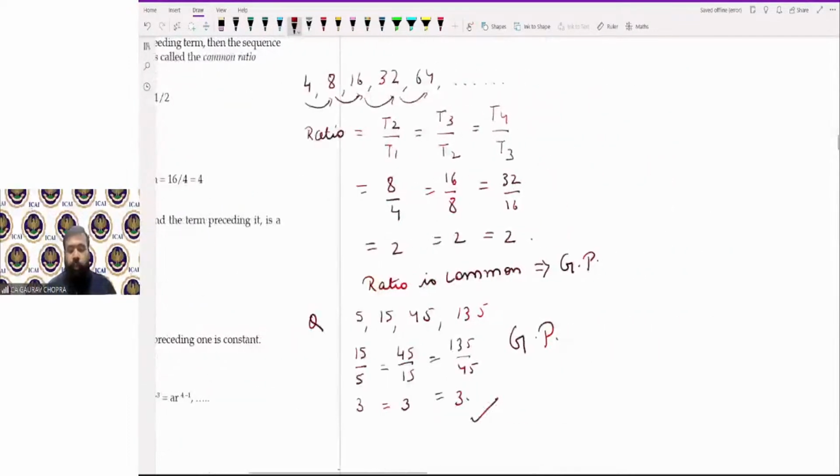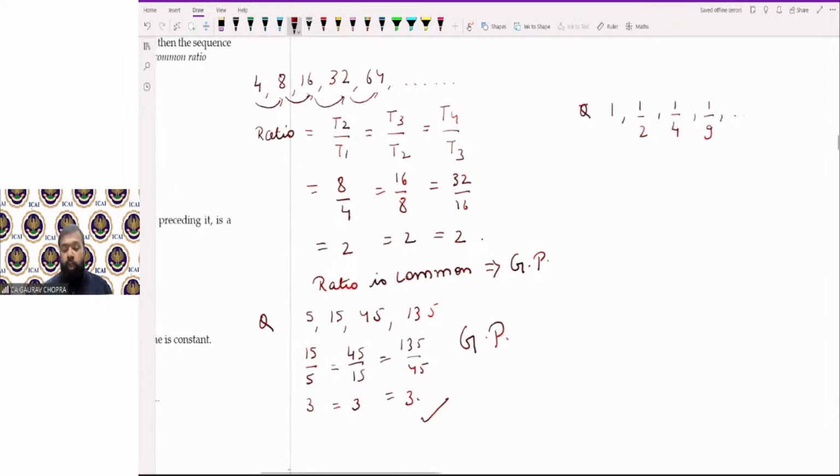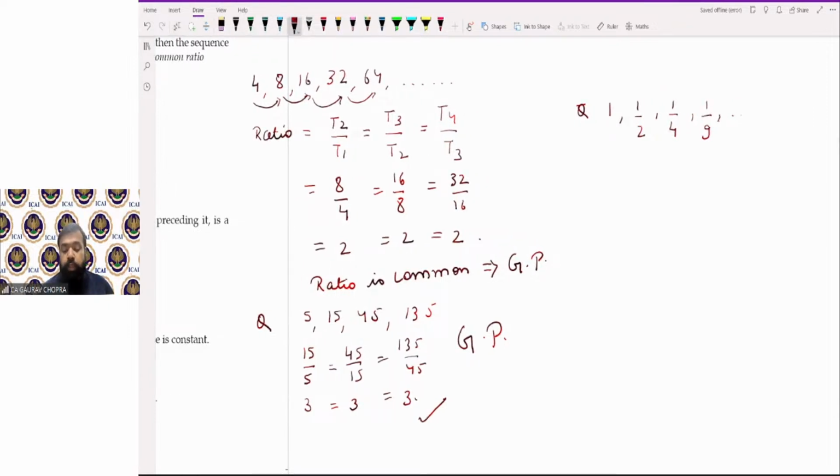Then let's take one more example. 1, 1 by 2, 1 by 4, and 1 by 9. This is the series. Now, whether this is a geometric progression or not. Now you can check second term upon first term, third term upon second term, and so on.